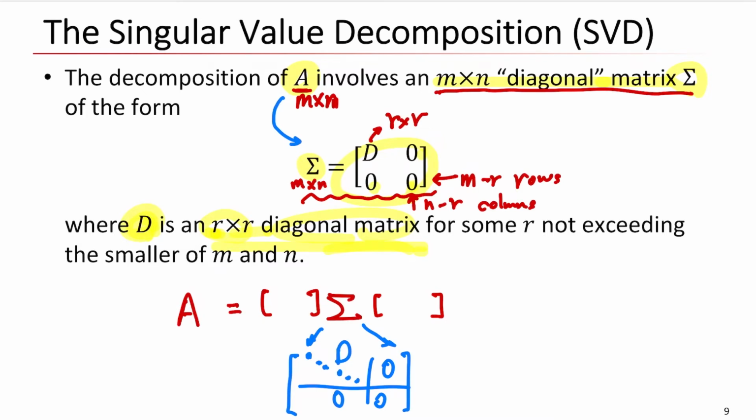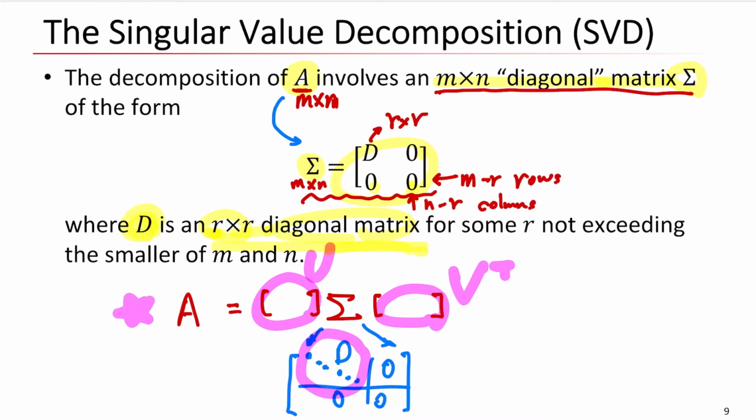Later we will talk about how to find this one, which is defined as U, this one, defined as V transpose, and how to find this matrix D. Then we can decompose the arbitrary matrix A, whose size is m by n, as U sigma V transpose.